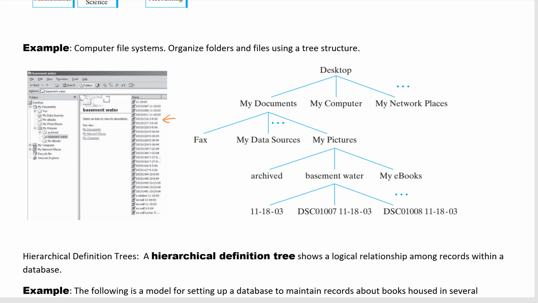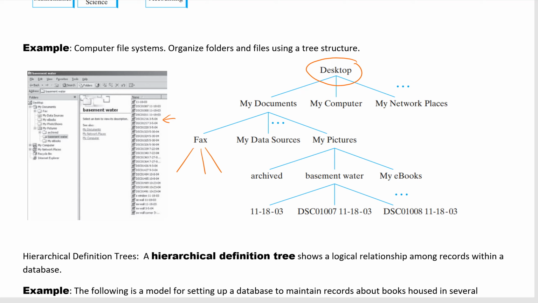So you can see here, start with desktop, and then we have my documents, my computer, my network place, and then under my documents we have FAS. So under FAS, we have my data source, my ebooks, my photo shows, and then under my pictures, let's see, I think my data source is under the FAS, right?